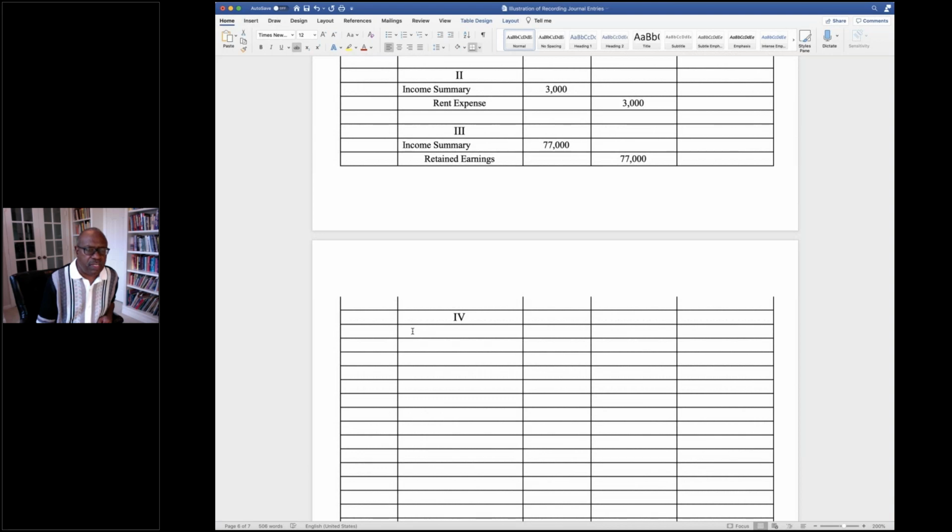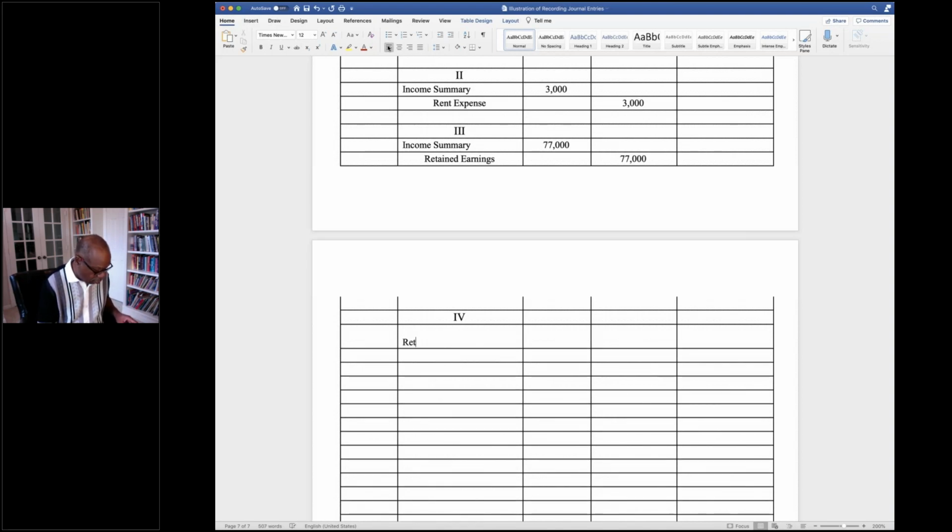And these closing entries stay the same, where we're going to debit retained earnings, and we're going to credit dividends.